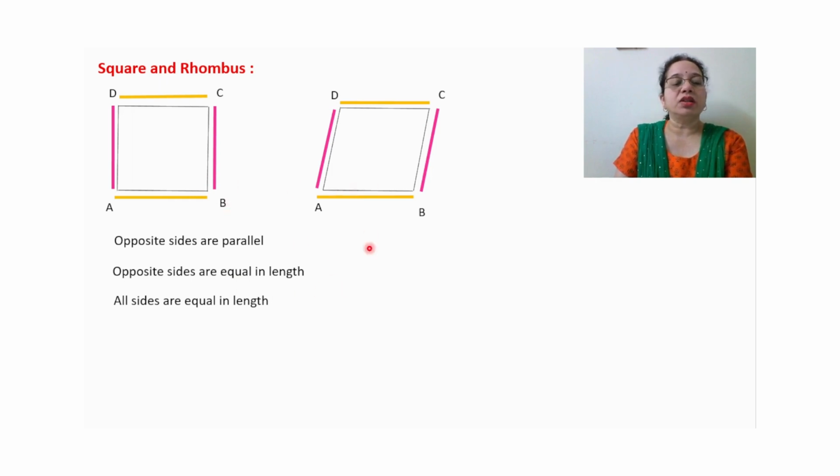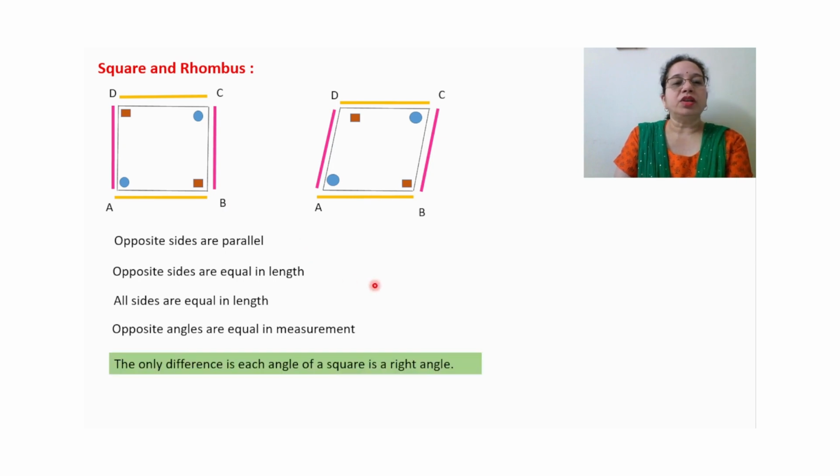Opposite angles are equal in measurement. Then what is the difference? The difference is each angle of a square is a right angle. Here each angle is a right angle, but here you can see that angles are not right angles. So all squares are rhombuses but vice versa is not true.